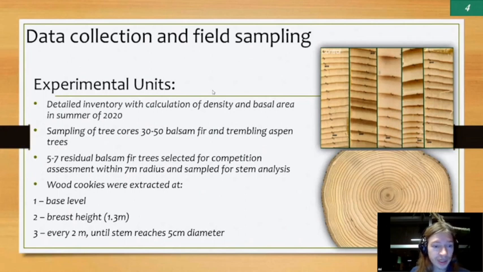And these residual trees were sampled for stem analysis, where you cut down, and wood cookies, as here on picture, were extracted starting from the base level, ground level, then at the breast height, and the next every 2 meters until the stem reached 5 centimeters diameter at the crown. So this is how it was done, since the sampling took place on so-called safe-free site. We had to cross a river, and the next picture is basically how a sample tree looks like.